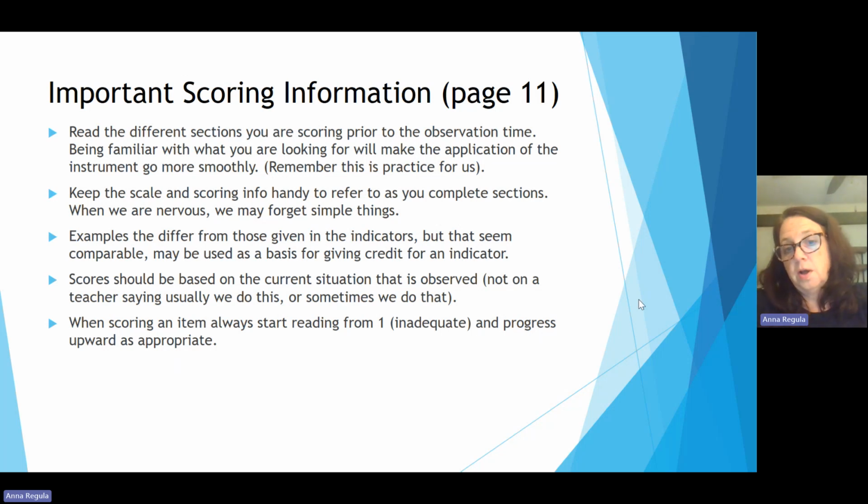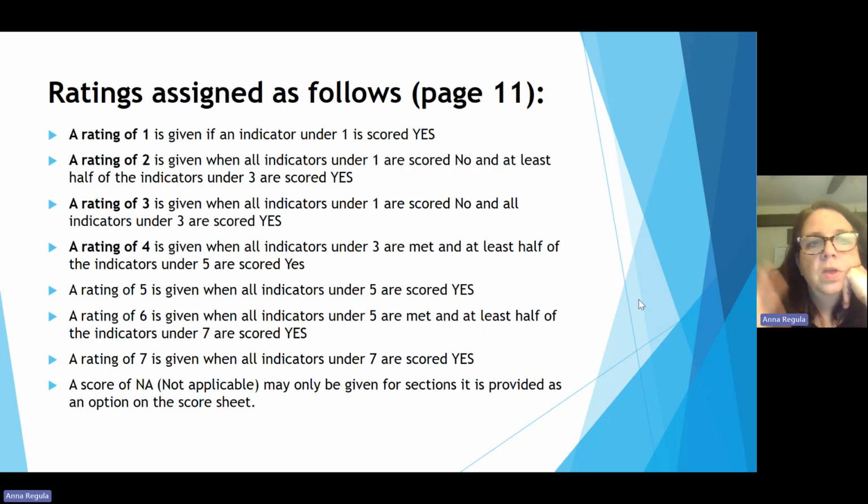So we start from 1 and go up, and our final score is really based on the last section where all the things were indicated, and the section where we have half is where we stop, and then I think we go to the one below it, right?